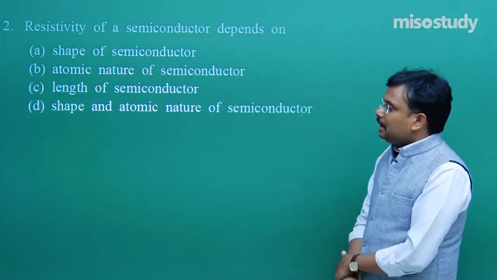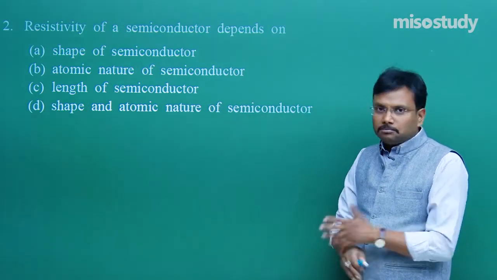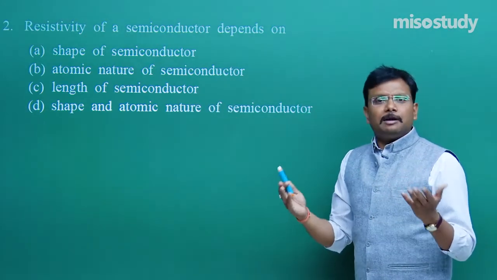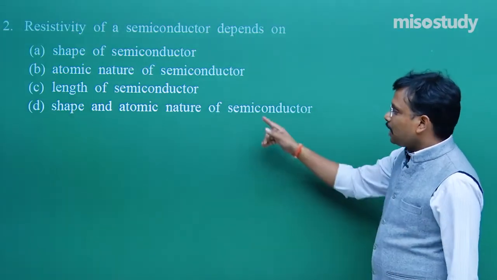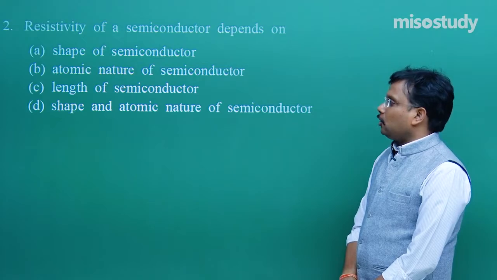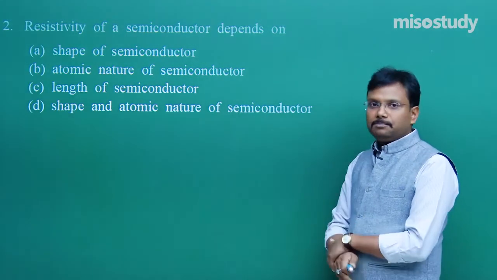Okay. Length of semiconductor. Length means what? Again, shape. Because we discarded shape, length or any physical parameter has no role. Fine. Fourth one: shape and atomic nature. But atomic nature is okay. Again, shape.